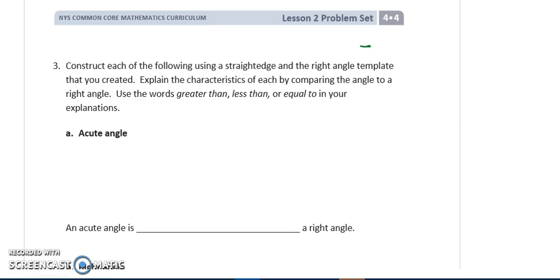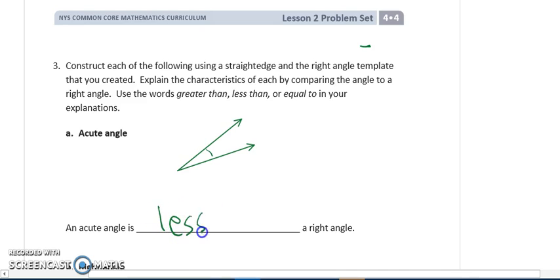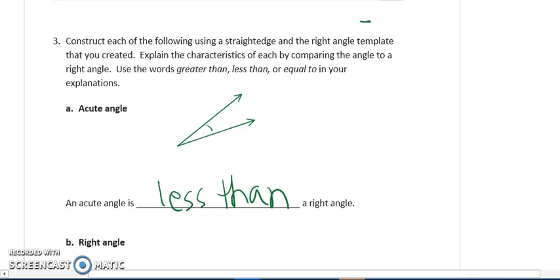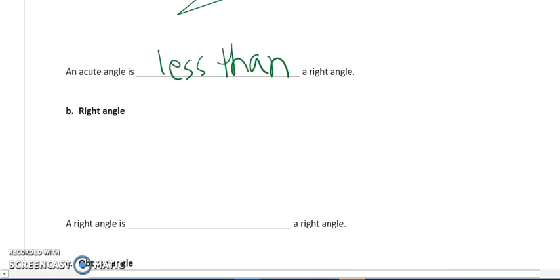So let's see. I'll make one right here and one right here. And this is cute because it is less than a right angle. Kind of looks like a skinny V.